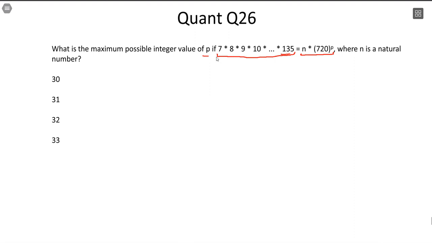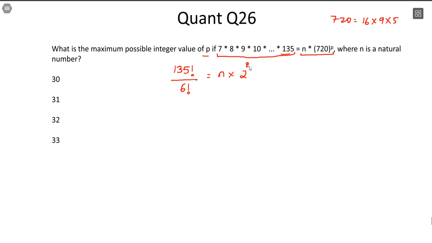So what to do? Simply add it and turn this expression into 135 factorial by 6 factorial is equal to n into 720. Break down 720 into prime factors. It will be 16 into 9 into 5.